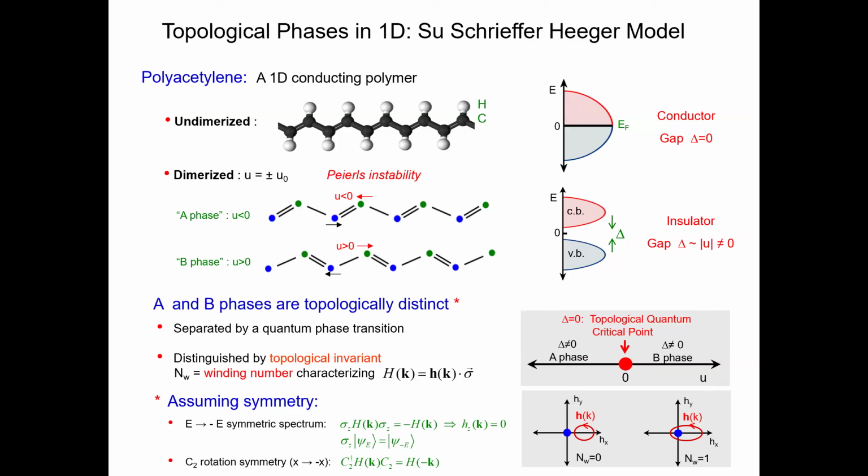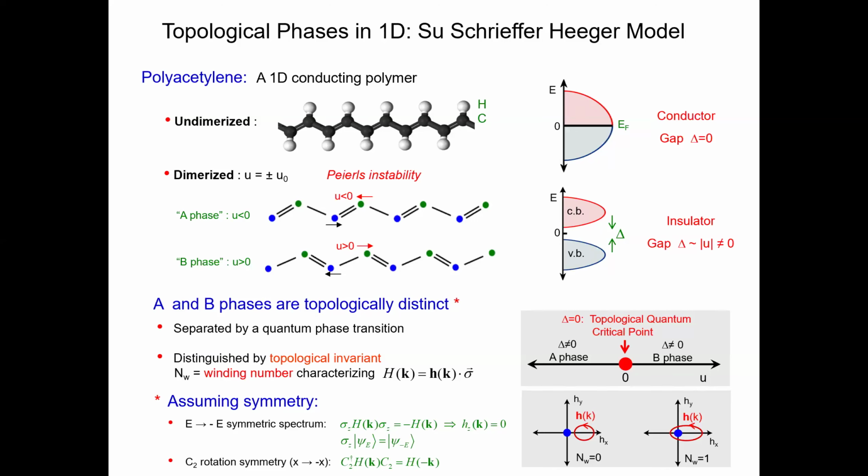Now you can start to see where topology enters the story, because this Hamiltonian as a function of k can be characterized by a winding number. Here it's not winding around the origin; here it's winding around the origin. So there's an integer topological invariant that we can define, which distinguishes these different topological classes.